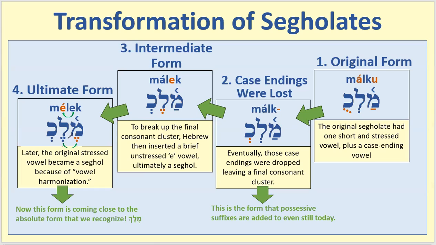And then ultimately, we get what's called vowel harmonization. Because of the segol that was artificially inserted to break up the consonantal cluster at the end, the patach conforms to the sound of that newly invented segol. And this ultimately creates the final form in biblical Hebrew that we recognize, melech.